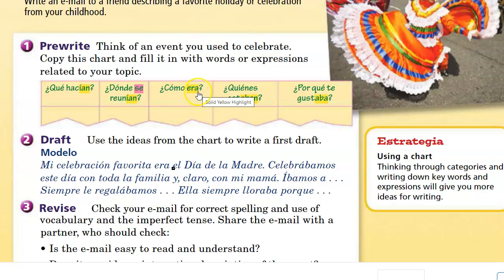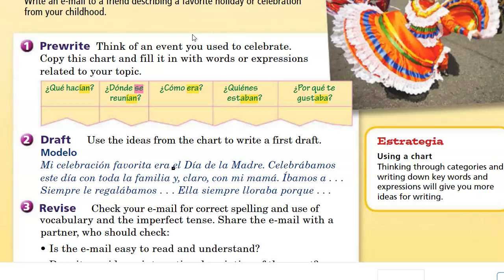¿Cómo era? How would you describe it? La celebración era, and then we're looking for an adjective. La celebración era muy divertido.